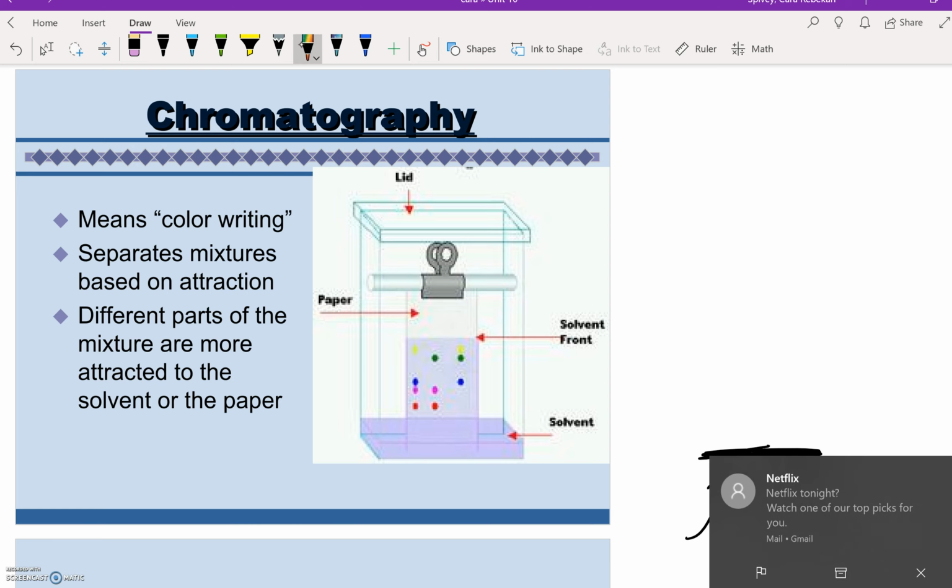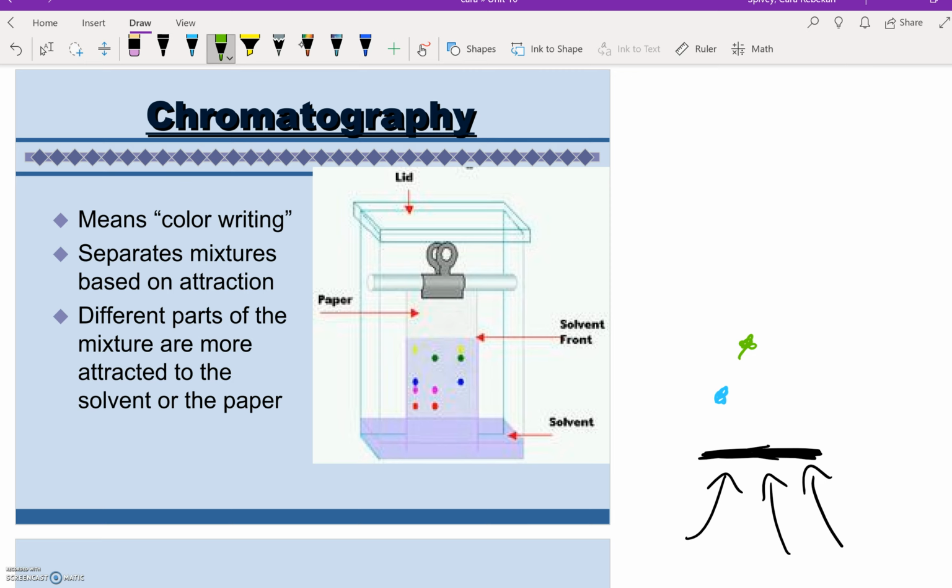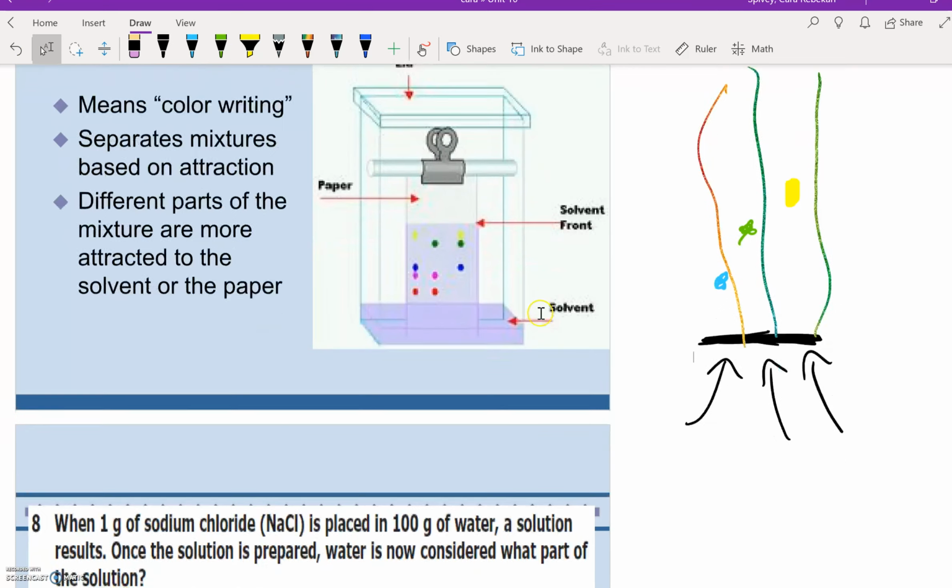So, it might look like the blue is only going to move up to here. The green's going to move a little further. And eventually, if you keep doing this, you see this change in color as it goes up, because of the electrical currents moving through it. And again, you can watch chromatography in the little video, and it'll explain it to you.